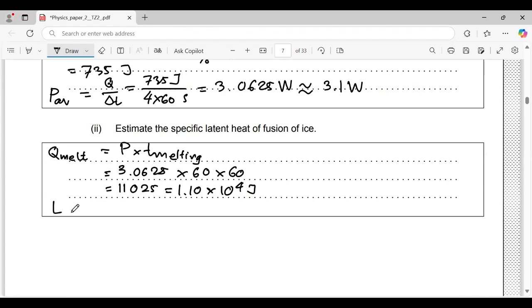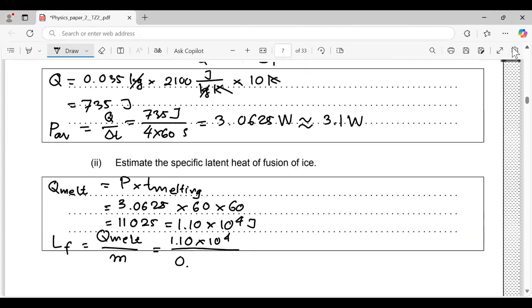Now, specific latent heat of fusion, the symbol is L. L fusion equals Q melting over M. This is the formula. Q melting is 1.10 times 10 power 4 joule over M. Let me see the mass. I forgot mass.